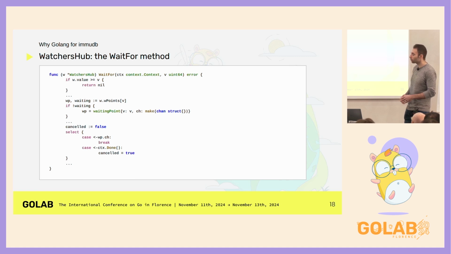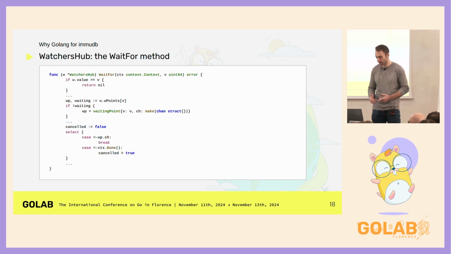And then we finally block on the select statement, which can awake on two conditions. Either the context is cancelled because of explicit cancellation or a timeout happening, or because the channel associated to the wait point got some signal. And that can happen in two cases. Either a value is received or the channel is closed.